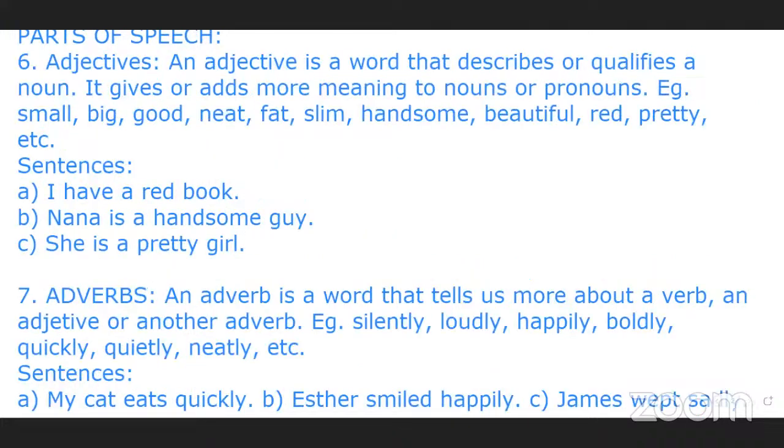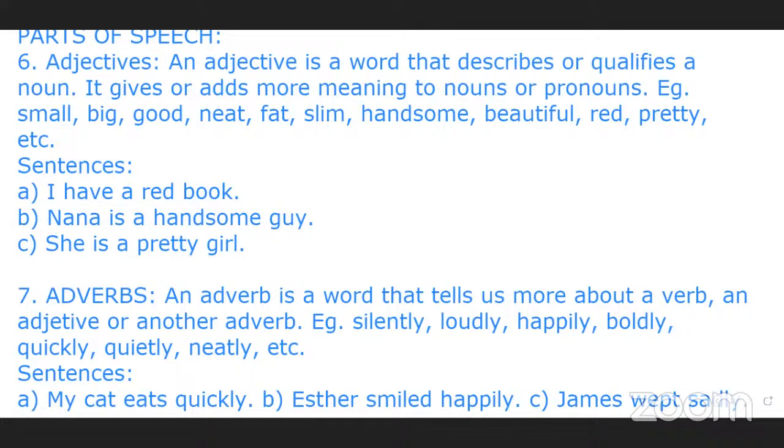Then we went to adjectives. And what did we say an adjective is? An adjective is a word that describes or qualifies a noun and adds more meaning to the nouns or the pronouns.